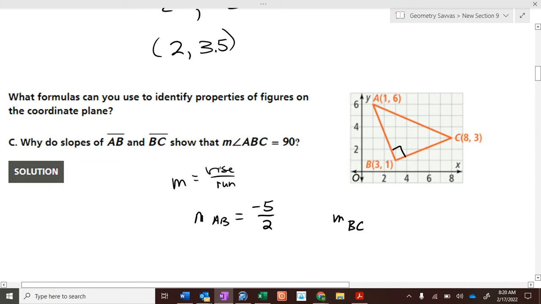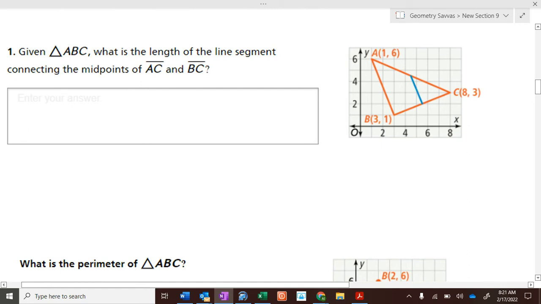How far do I go up from 1 to 3? 2. How far do I run to the right from 3 to 8? 5. So I rise 2, run to the right 5. Are these opposite reciprocals? Yes. If they multiply to be negative 1, they're opposite reciprocals. That means we have a right angle. And so we'll be checking for right angles on certain things.